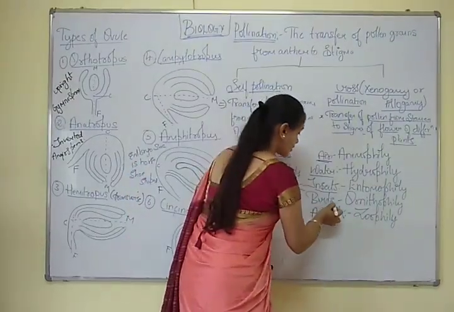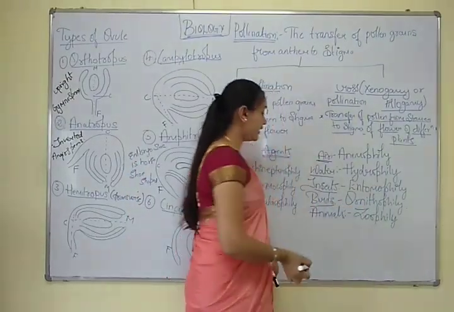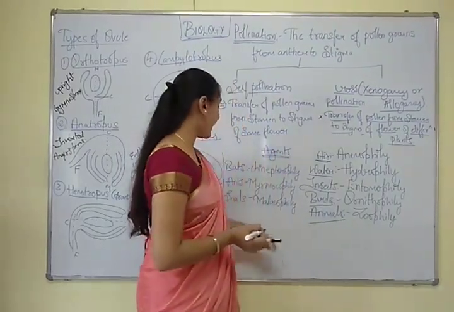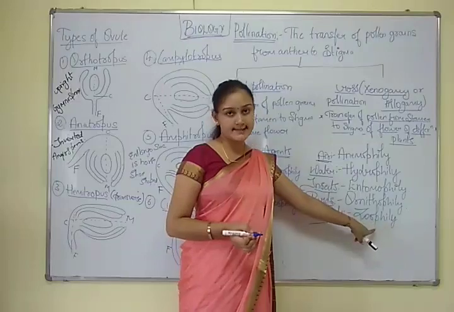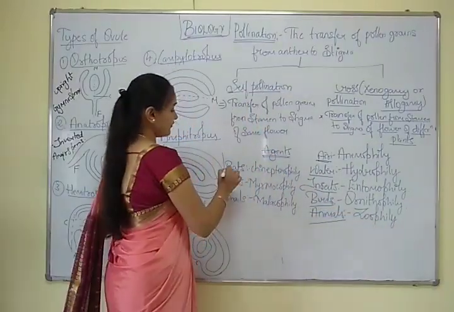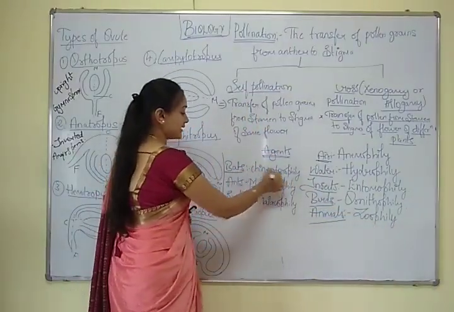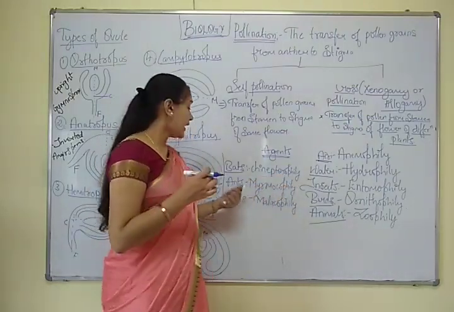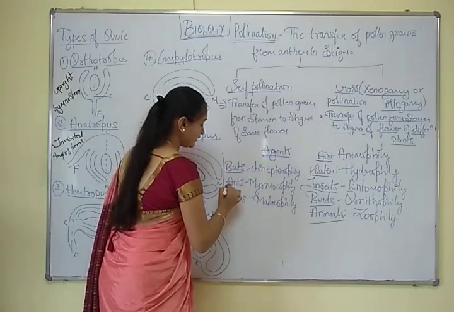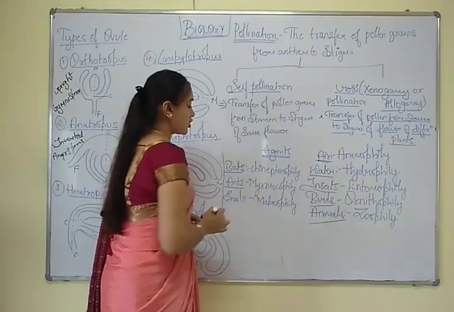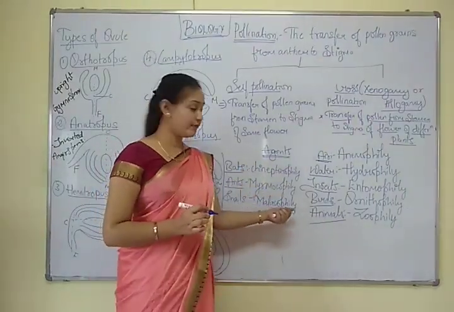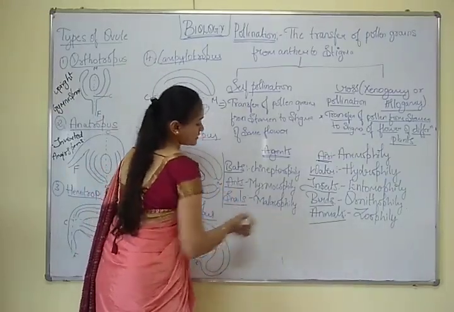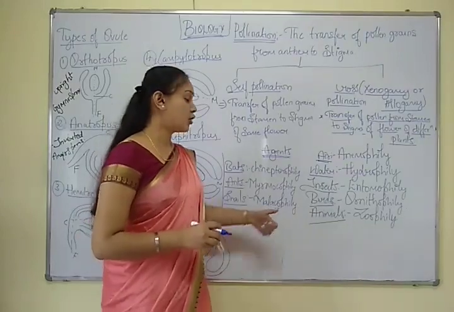In birds, it is called ornithophily, and for animals, it is called zoophily. If carried by a bat, it is called chiropterophily. If carried by ants, it is myrmecophily, and if carried by a snail, it is called malacophily.